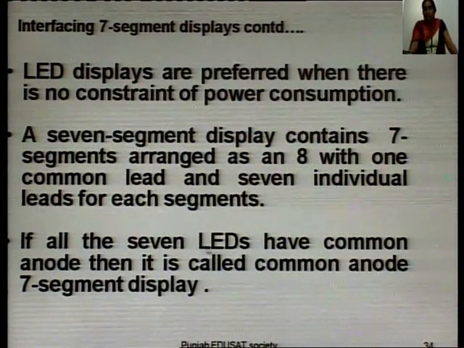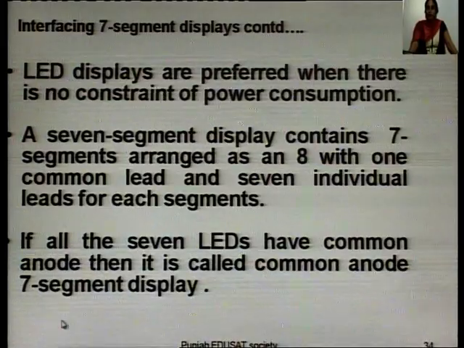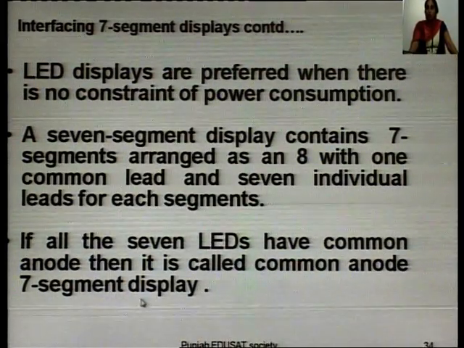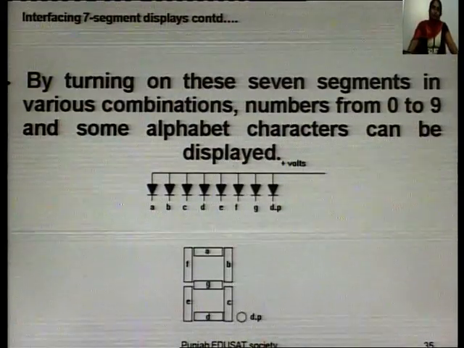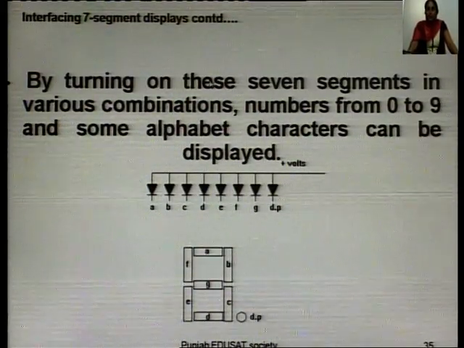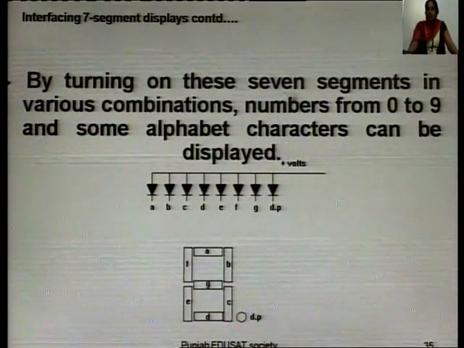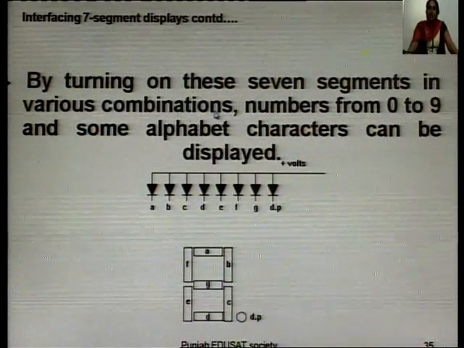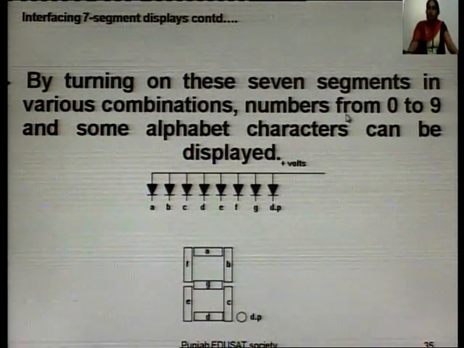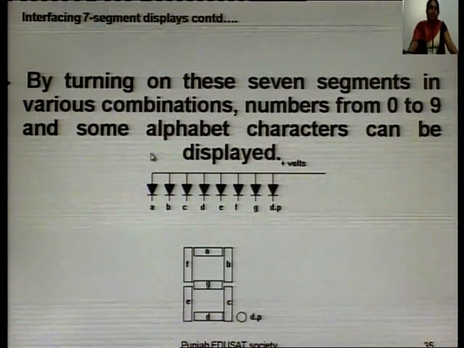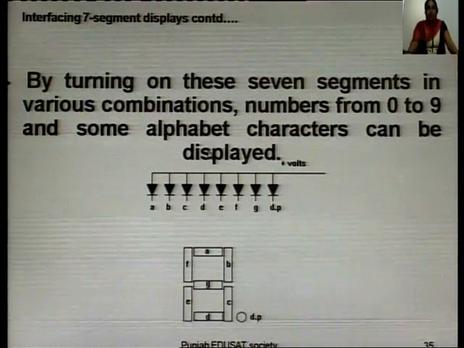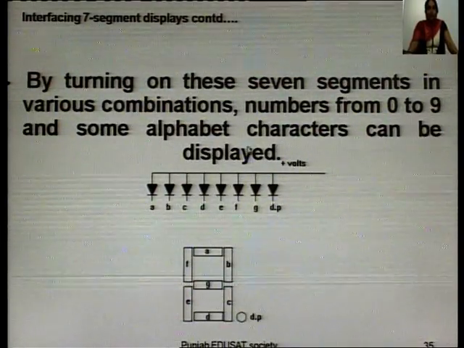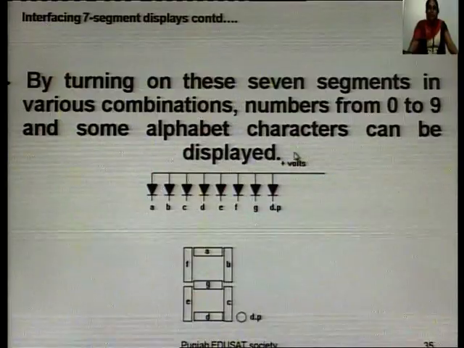If all the 7 LEDs have common anode, then it is called common anode 7-segment display. By turning on these 7 segments in various combinations, numbers from 0 to 9 and some alphabets like A, B, C, D, E, F, etc. can be displayed.